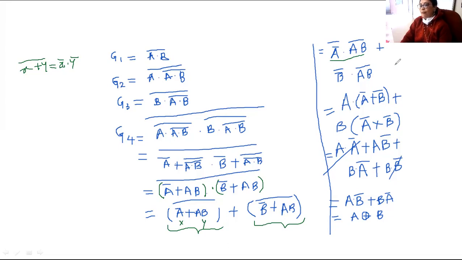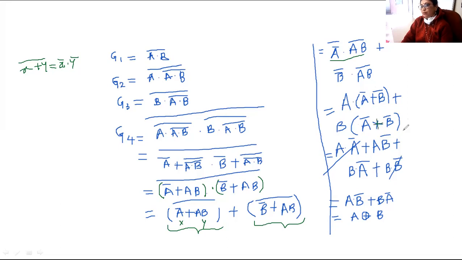Okay, so what is A bar bar? It will be A. Okay, what is A dot B bar? Again you can use De Morgan's theorem and you can write it as A bar plus B bar plus B bar bar is B, and again into bracket you can write A dot B bar as A bar plus B bar. So this is A bar plus B bar, this is plus.